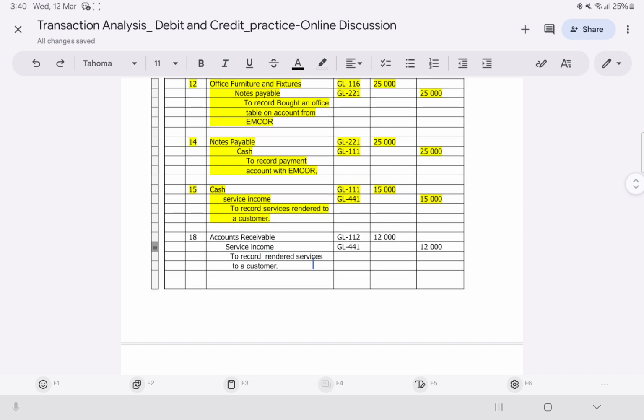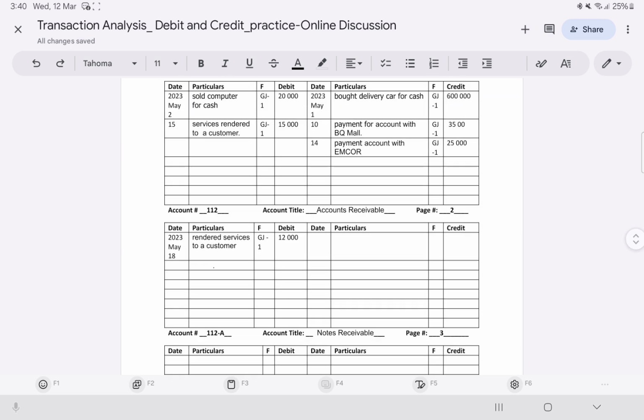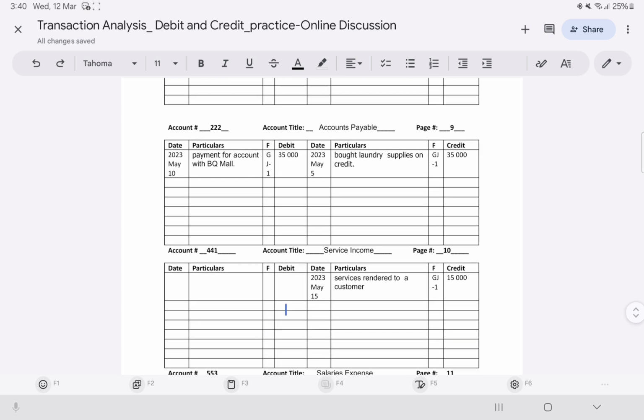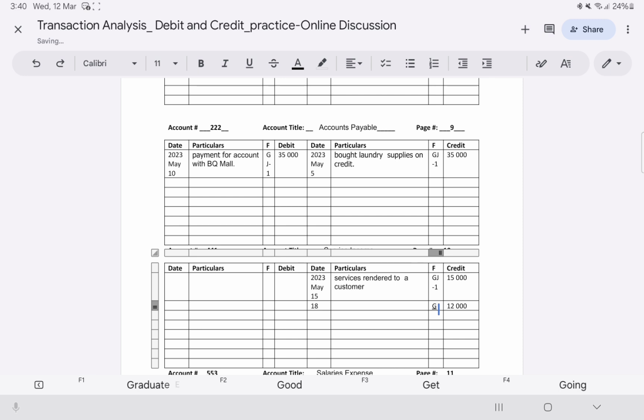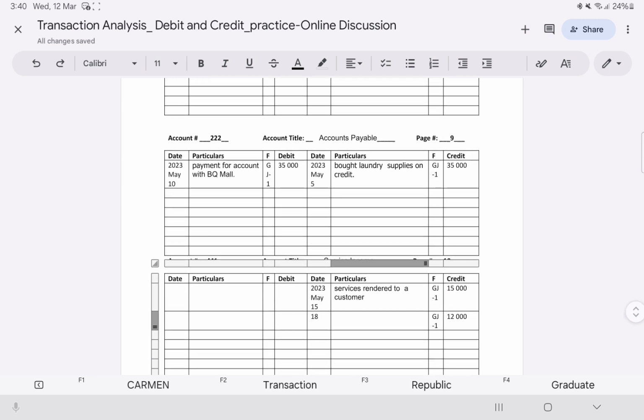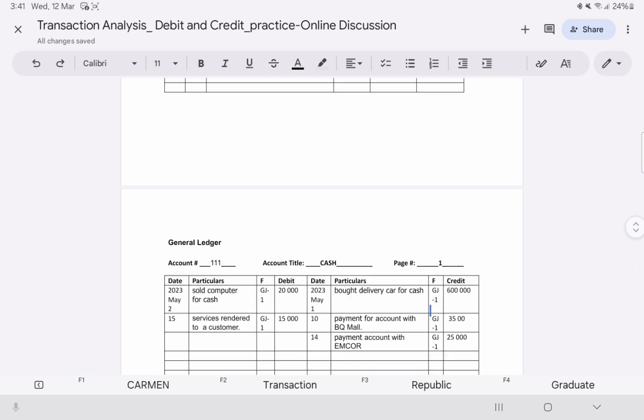Our credit is service income, May 18, 12,000, GG-1.